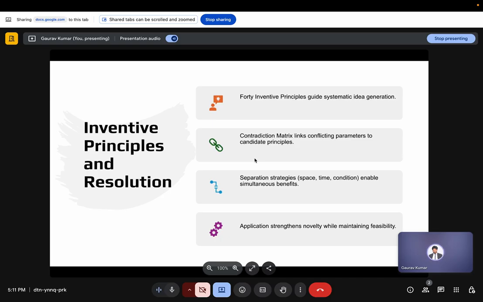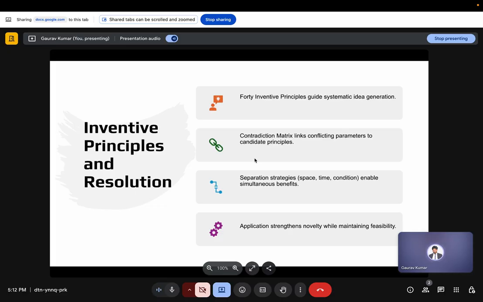Such strategies allow innovation without compromising, achieving simultaneous benefits where conventional design would settle for trade-offs. So by systematically applying these methods, designers can strengthen novelty while preserving flexibility, ensuring that each innovative concept remains both creative and implementable.